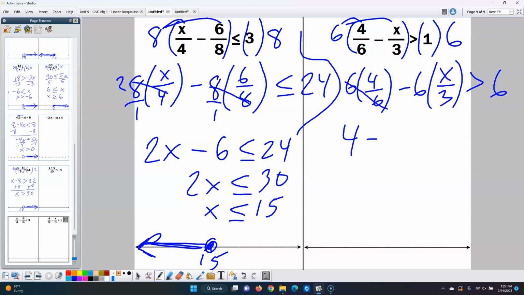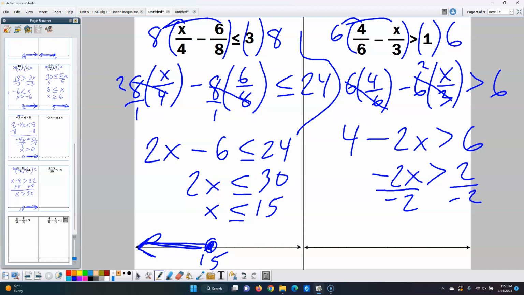That's 4 minus, this makes 2x greater than 6. Let's subtract the 4 to the other side. That would be 2. But when I divide by negative 2, what do I got to remember to do? Flip the sign. Make sure you flip the sign. So I got negative 1 down here. It's going to be an open dot, and it's going to be less than over there.